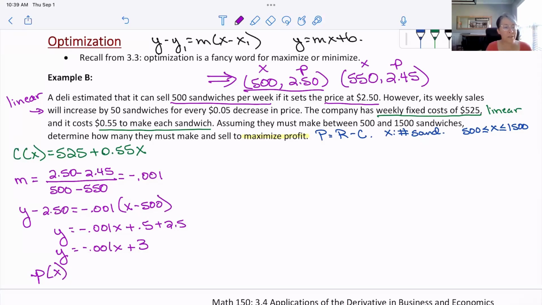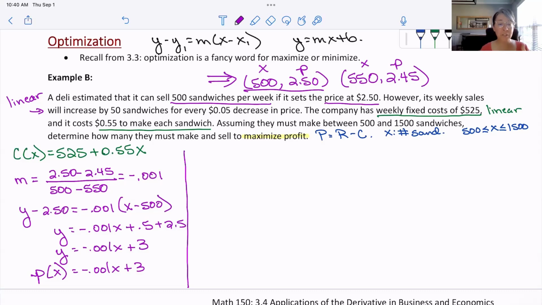Price as a function of our quantity sold, the number of sandwiches, is negative 0.001x plus 3. Again, we still don't have the revenue function. So in questions like this, don't get overwhelmed because there are extra pieces in between. You feel like, am I even headed in the right direction? Yes, trust yourself. What do you need to find that revenue equation?